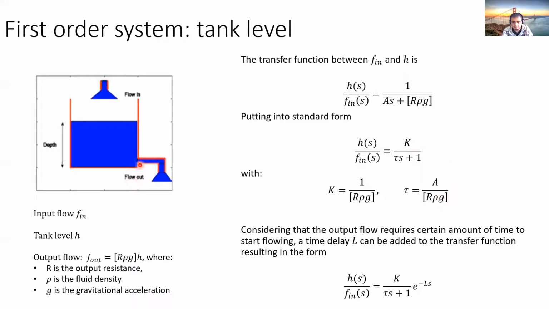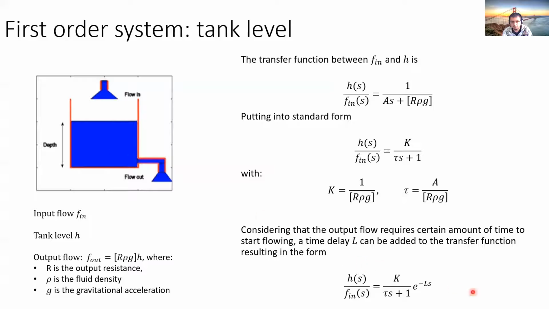However, if we analyze here, you see that between the bottom of our tank and the beginning of the outlet for the flow output, we have a small height. Before we can see anything flowing out of our tank, we have to wait until the tank reaches at least this level here, and that will represent some time. So we have a delay before we can see any of our control actions acting over the system.